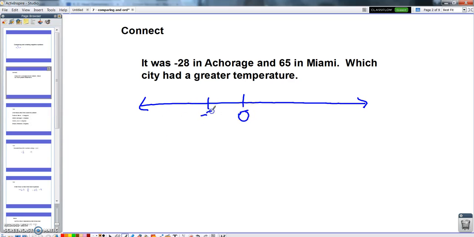Negative 28 is going to be somewhere over here, and positive 28 would be here, and so positive 65 would be way over here. Obviously it's much warmer when it's positive 65 than negative 28. And so then I want to talk about some situations where they're both negative and just make sure nothing trips you up today.